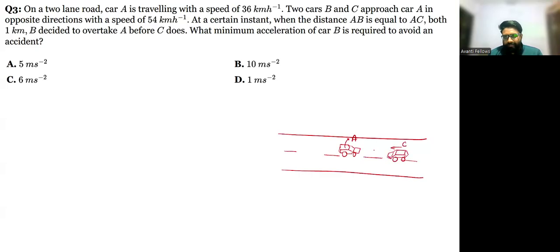Let's say this is C, and from this side, vehicle B is approaching.